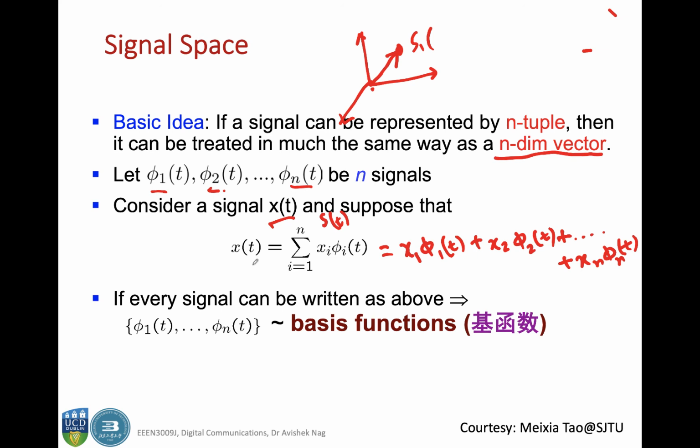And also if you can ensure that these phi1(t), phi2(t), etc., are orthonormal to each other, then you can say that your x(t) is basically a vector with the magnitudes x1, x2, dot dot dot up to xn. So you see where I'm going.